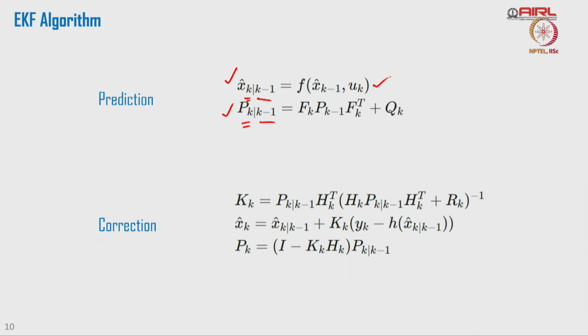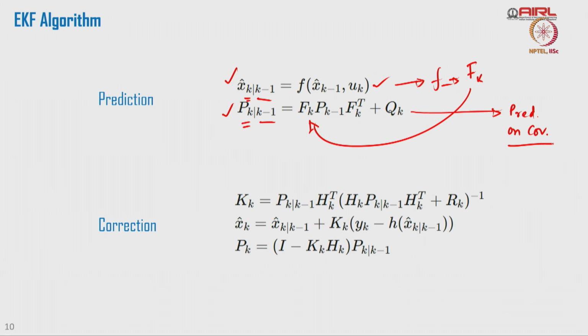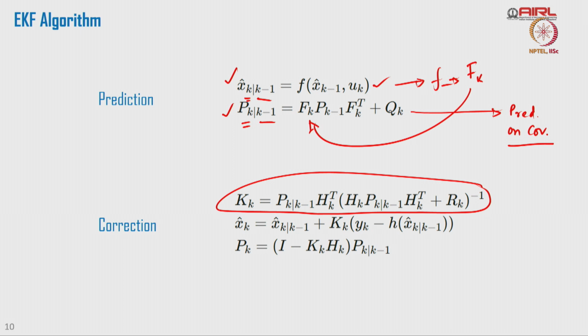We have this function and we have the Jacobian. From function f we have got F_k, fine. So, this Jacobian is used here and we get the prediction of covariance, fine.